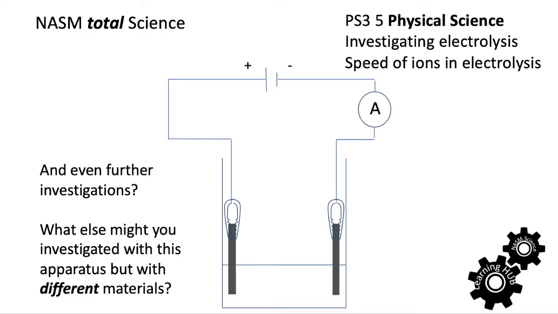And even further investigations with the same apparatus: what different materials might you choose to investigate something similar that will tell you more about electrolysis and the speed of ions? Hint: perhaps, MnO4- has a single negative charge. So there are several things that you can think about.